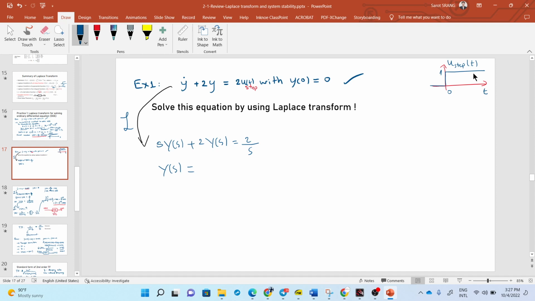So from here you try to find y of s equal to what?